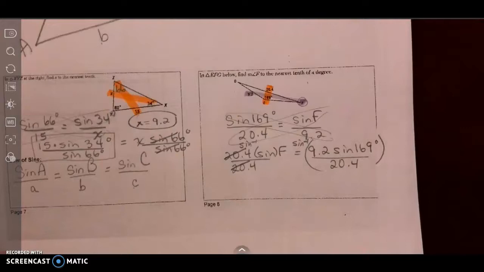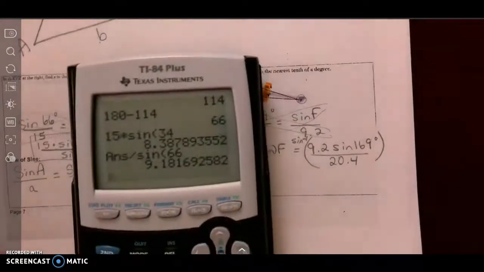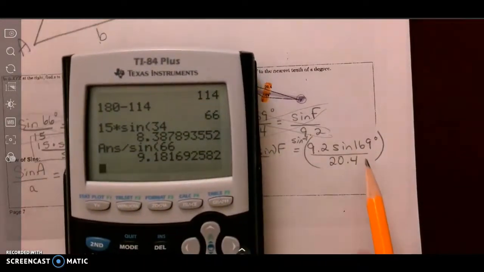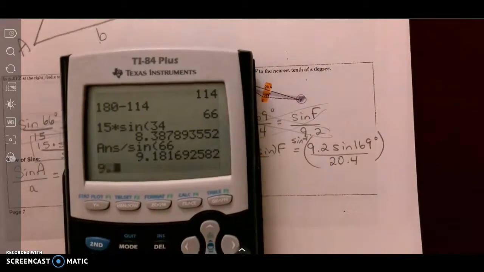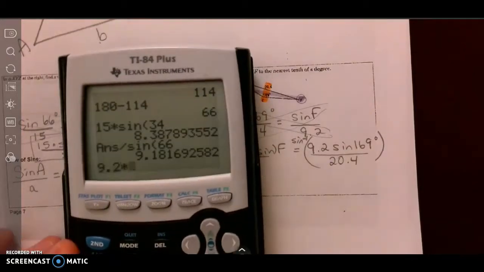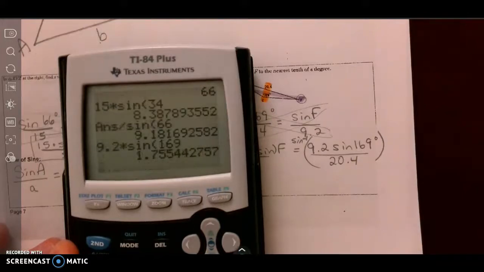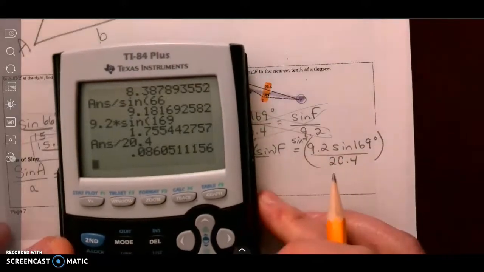So in order to do that, I'm going to go to my calculator here, and I'm going to do this part inside the parentheses, 9.2 times the sine of 169 divided by 20.4, and that's what I get.